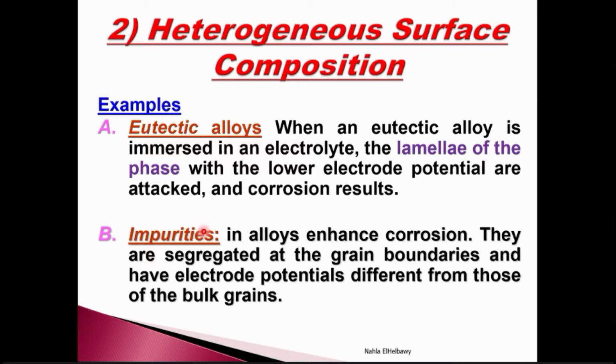This means the current can flow within the same metal from the grain boundary area to the actual grain. This flow of current due to heterogeneous composition will result in corrosion.